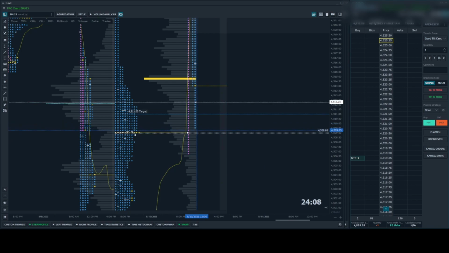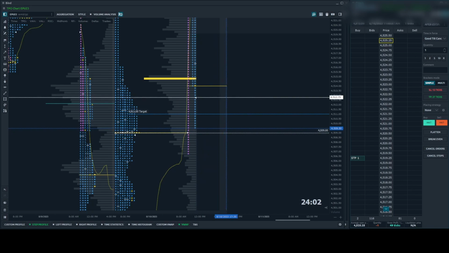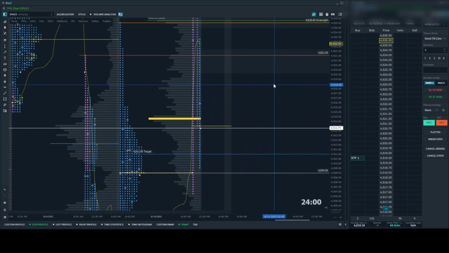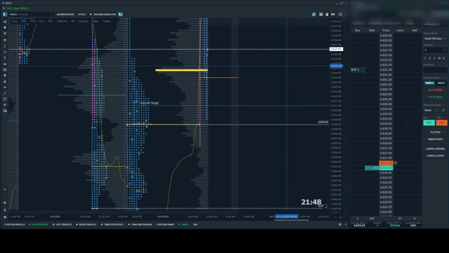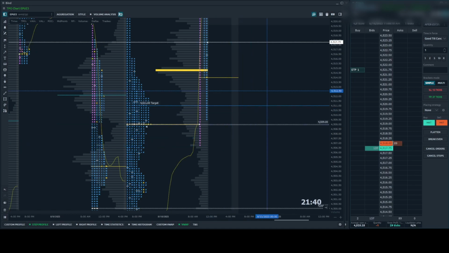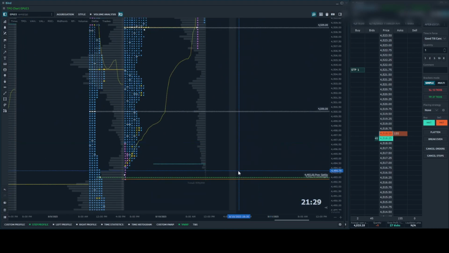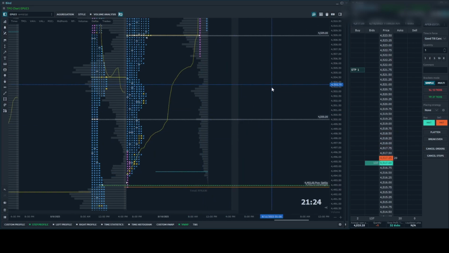So we are coming off this POC from overnight. I'm holding this one because I believe that we're going to break this and move farther down to at least the volume area low here, or hit the overnight low.